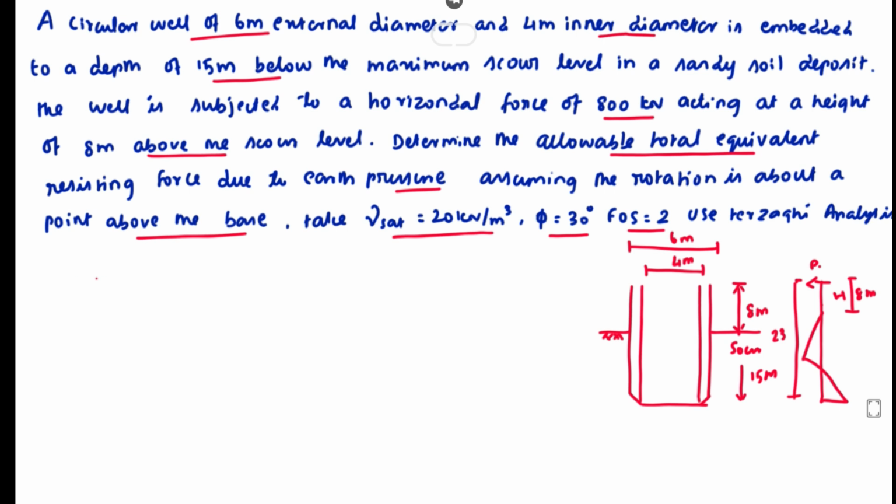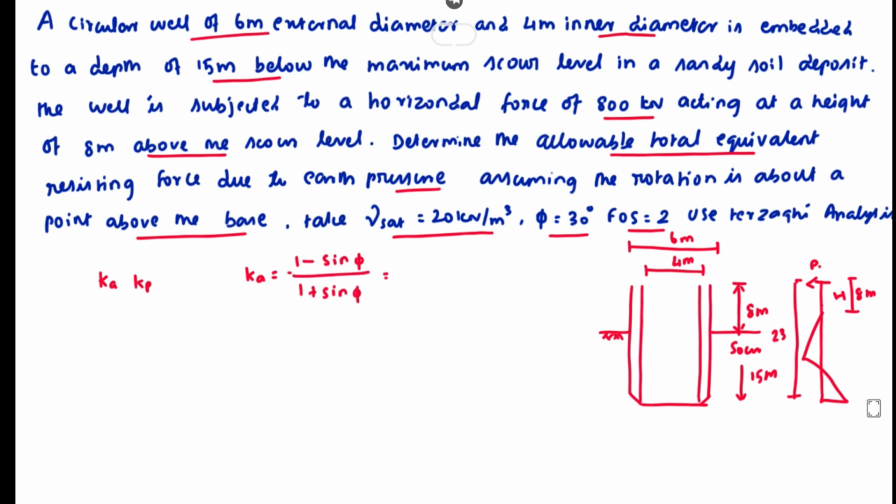First thing, we can find out the Ka and Kp values, that is, the coefficient of active earth pressure and the coefficient of passive earth pressure. The formula for the coefficient of active earth pressure is 1 minus sine phi divided by 1 plus sine phi.